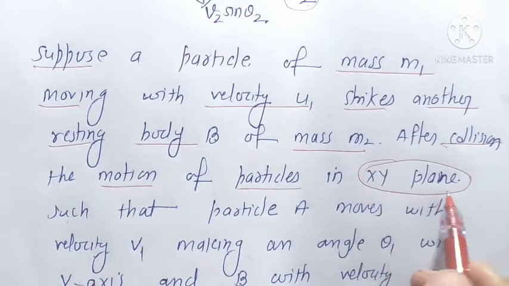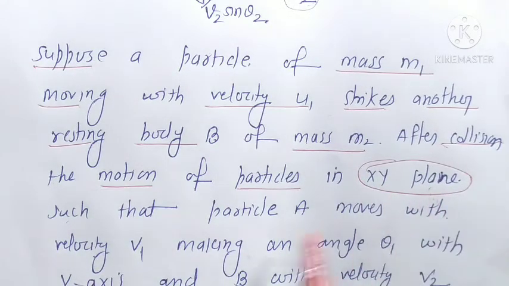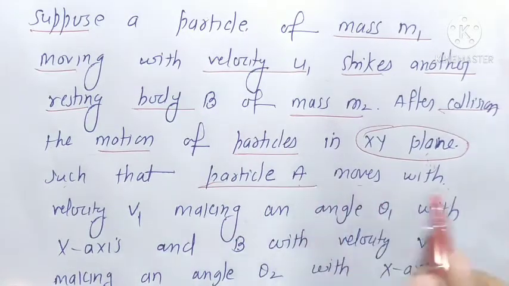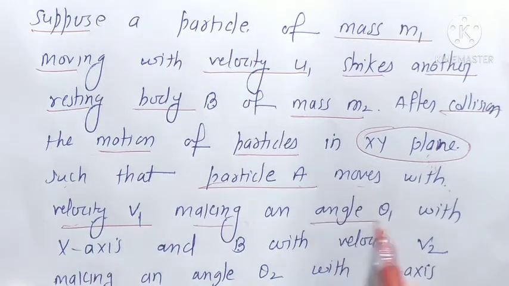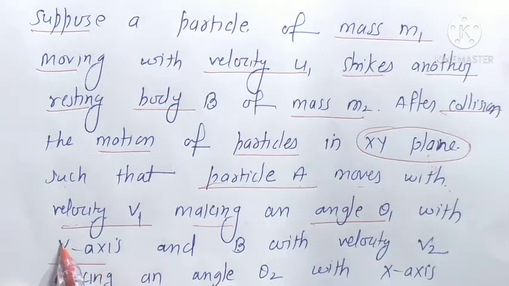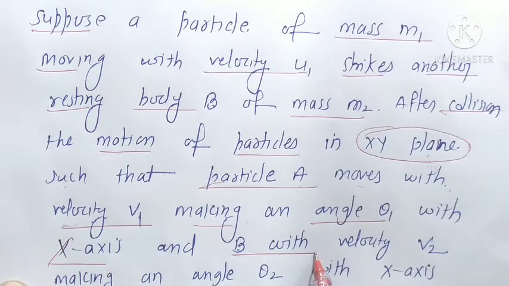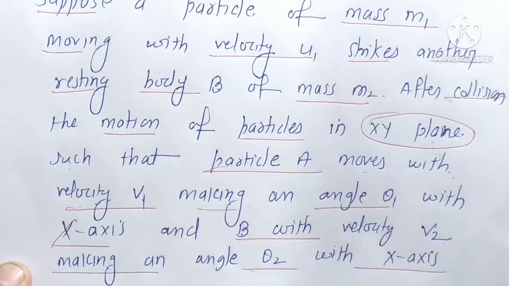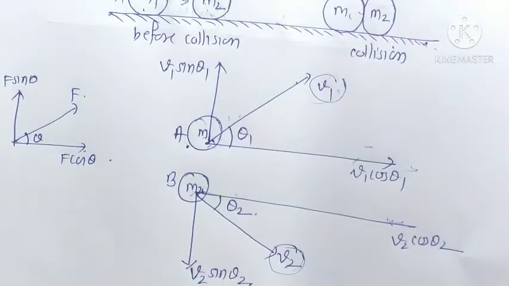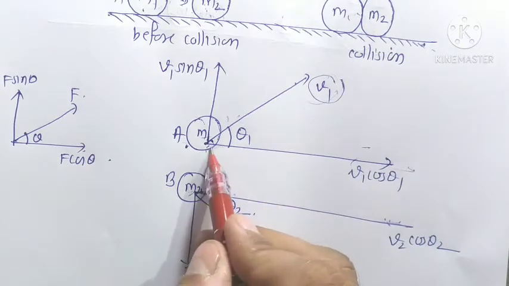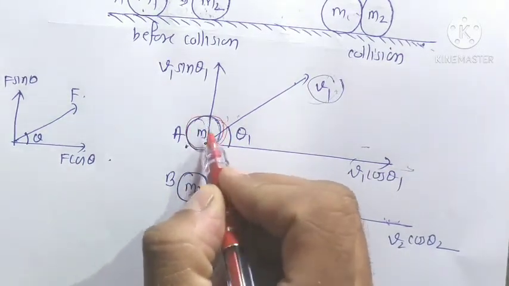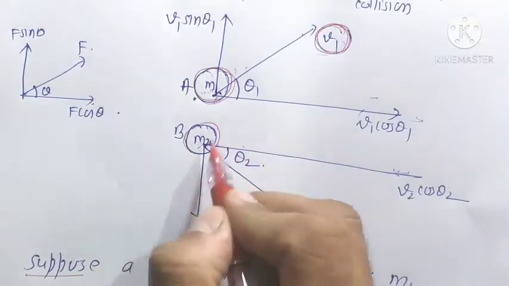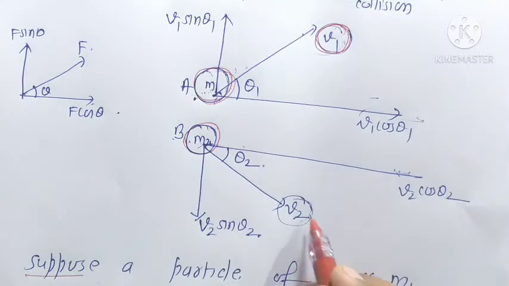This is a 2D motion, such that particle A, the first body, moves with velocity v1 making an angle theta1 with the x-axis, and the second body B, having mass m2, moves with velocity v2 making an angle theta2 with the x-axis.